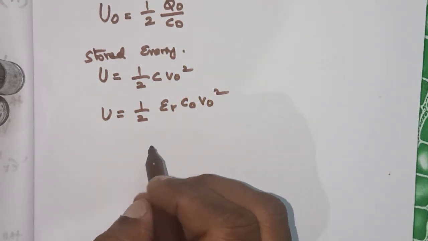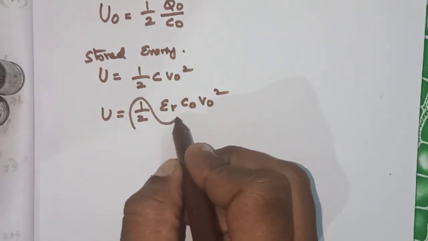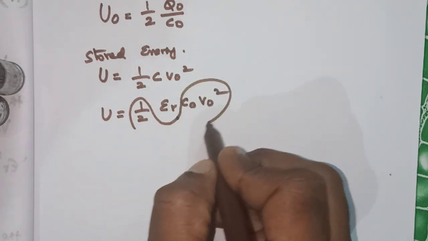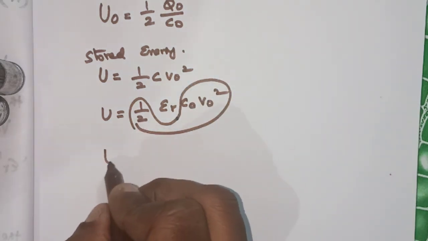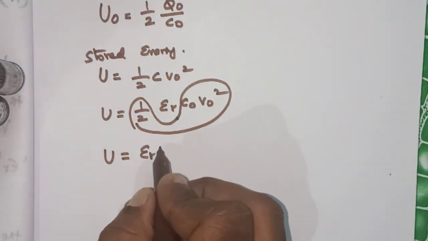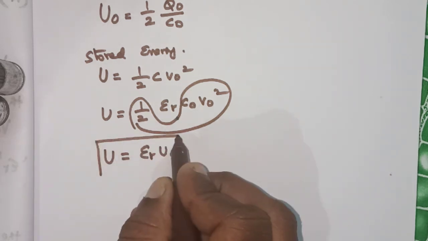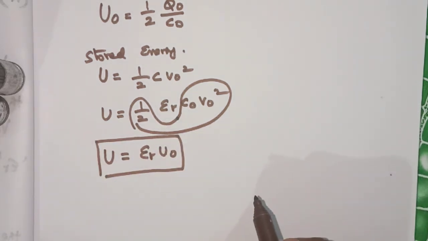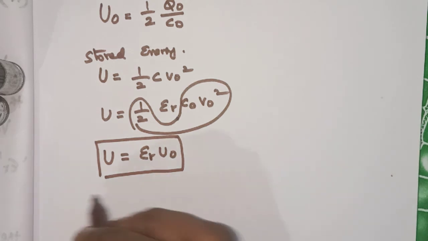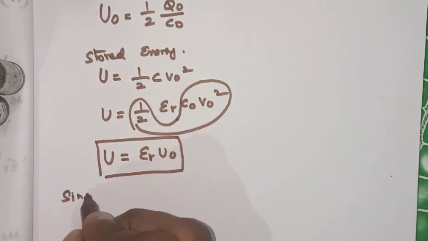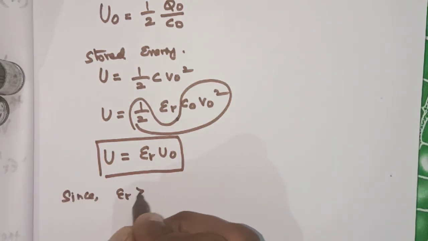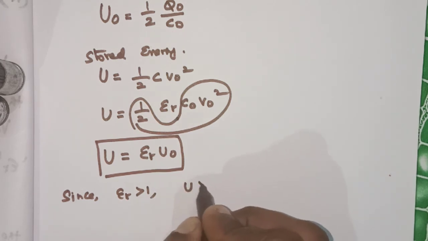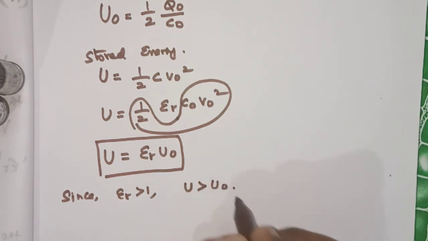So this half C naught V naught square, we call it U naught, so U equal to epsilon r U naught. Since epsilon r is greater than 1, U is also greater than U naught.